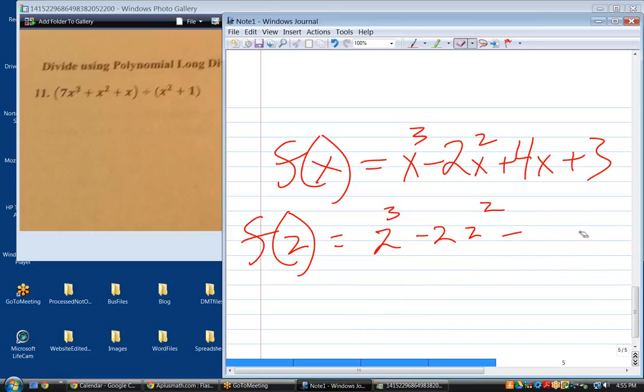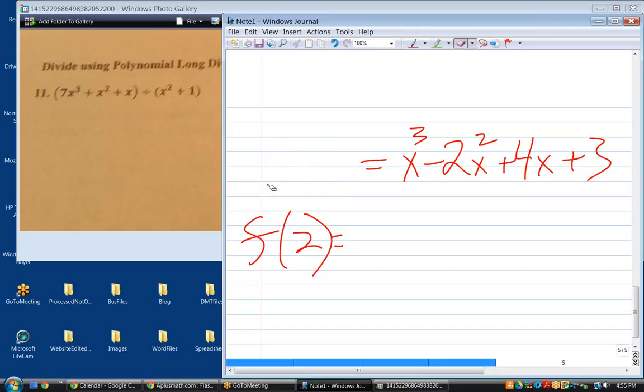Were there more with that problem? In other words, do another f of something else? It just said use synthetic division to evaluate f of 2? Yeah. Okay, let's do it synthetically. That's the same thing as synthetically dividing by 2. Let's see if we get 11.